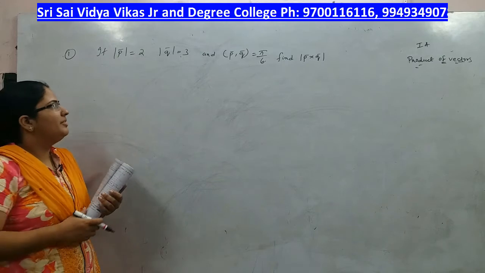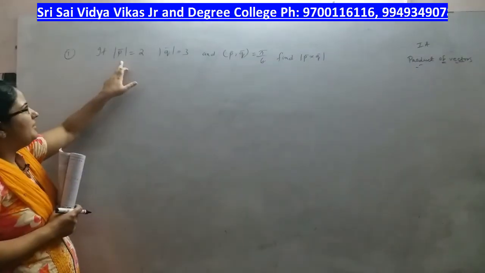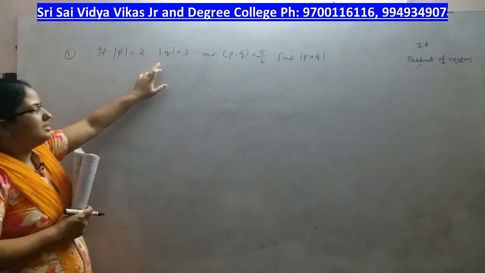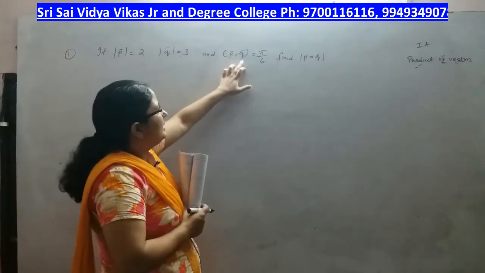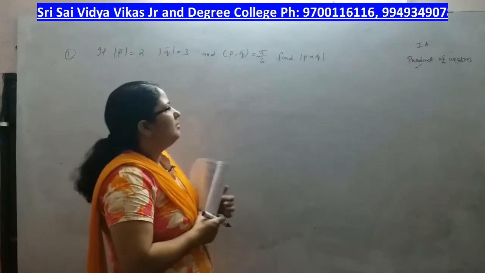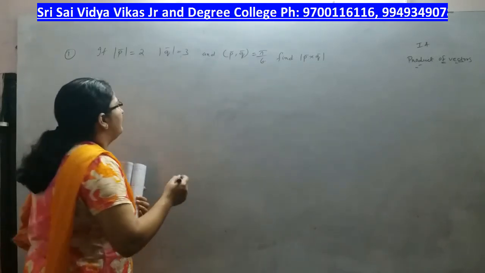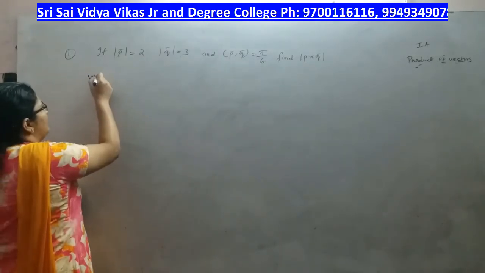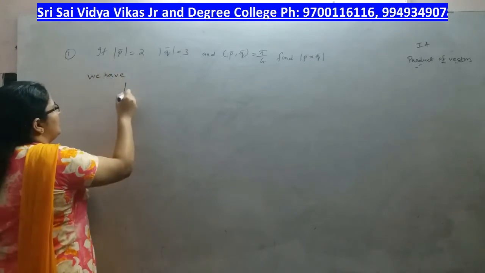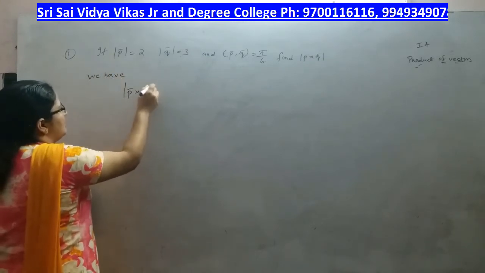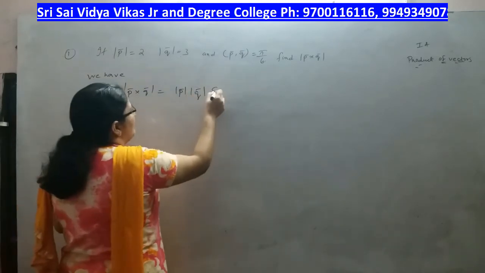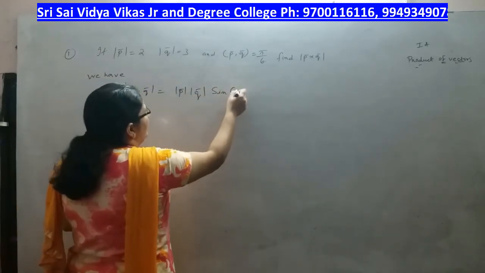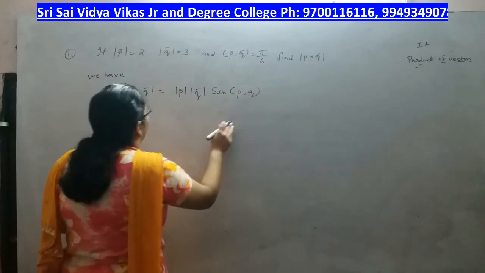The first problem for today: modulus of p bar is equal to 2, modulus of q bar is equal to 3, and the angle between p and q is pi by 6. Find modulus of p bar cross q bar. We have modulus of p bar cross q bar is equal to modulus of p bar into modulus of q bar into sine of the angle between p bar and q bar.